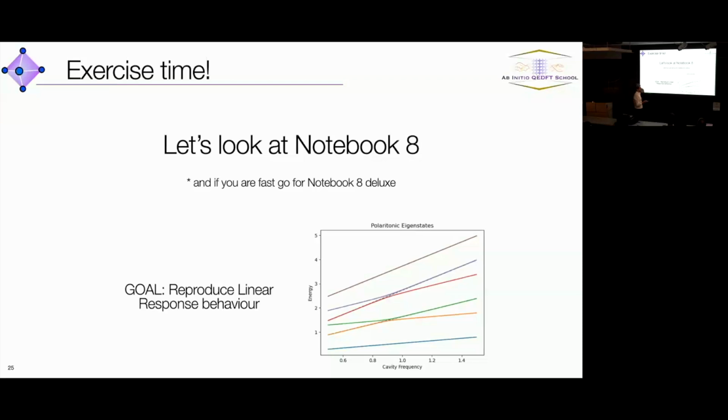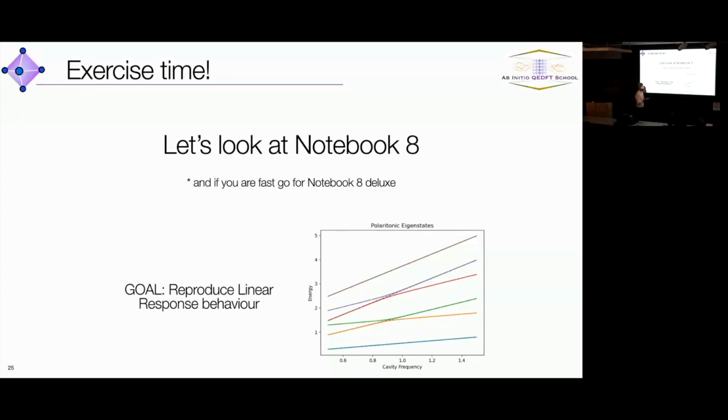In fact, in the other exercise, which you're not supposed to do now, but you're very welcome to look at in the next days or weeks, you can build a response function out of these quantities. Essentially, you just sum over all the different poles for a given cavity frequency with a certain matrix element that tells you how much the system is able to respond to a probe perturbation, which has nothing to do with the cavity photons necessarily.